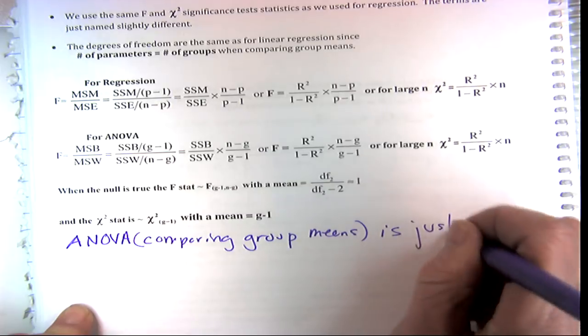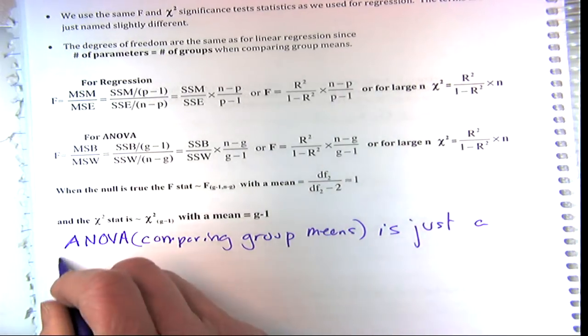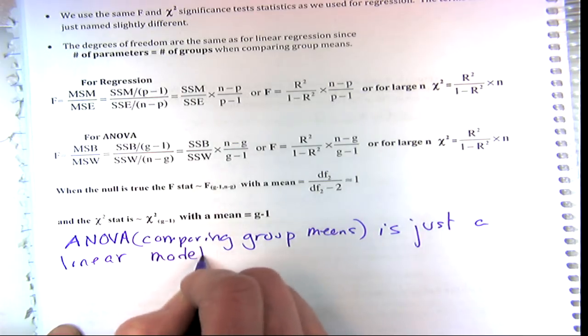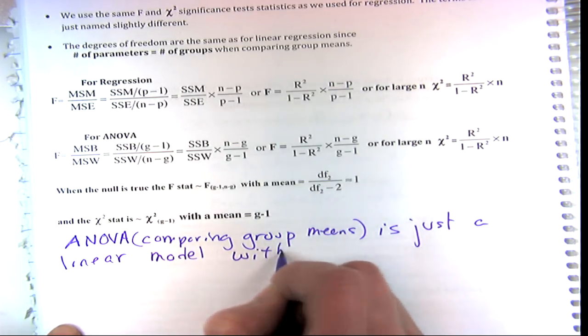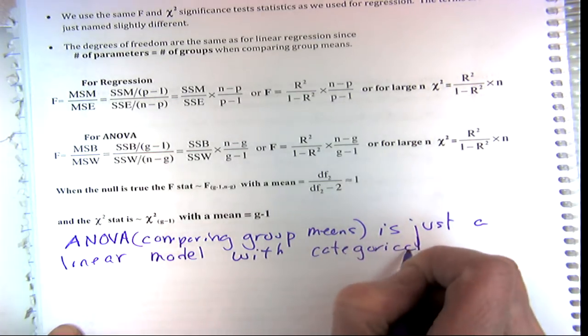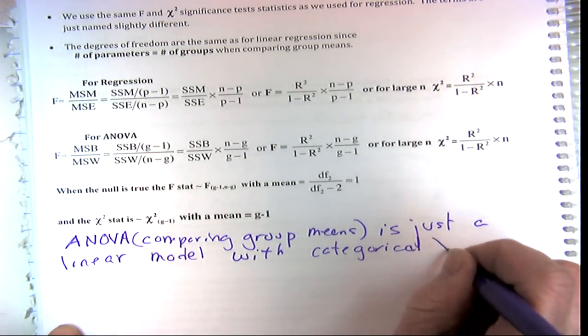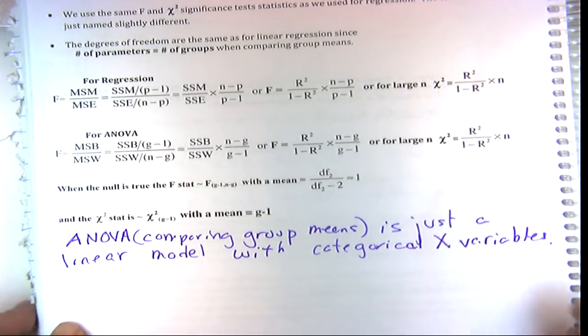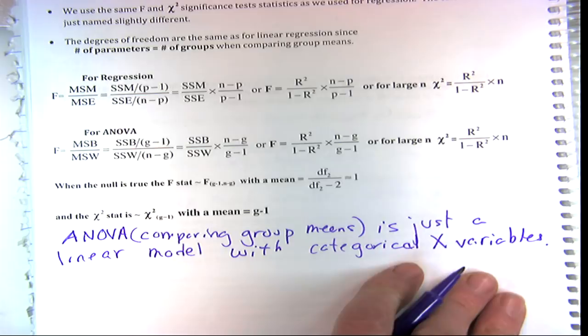It's really just a linear model, or a regression model, like we've been doing all along, with categorical X variables. They're not quantitative; they have names, like are you Black, white, Hispanic, whatever.